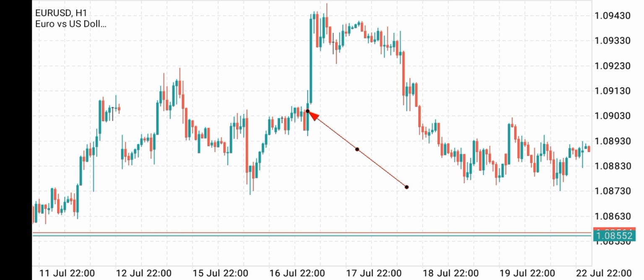So this red and green stuff you are seeing on the chart right now is called candlesticks.